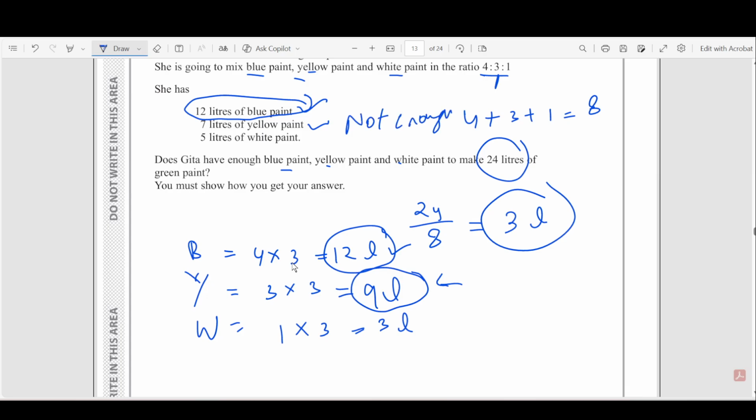For white paint, 3 liters is needed and 5 liters is available, so that is also enough. More is available. So no, Geeta does not have enough paint to make 24 liters of green paint, because she only has 7 liters of yellow and she needs 9 liters. That's the answer.